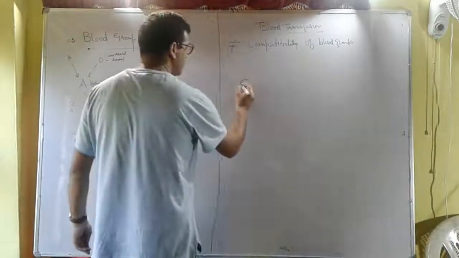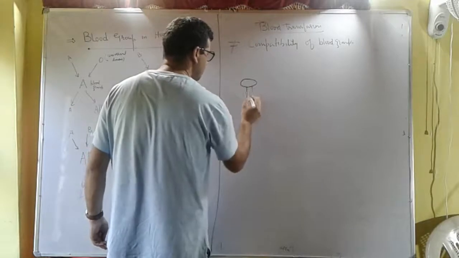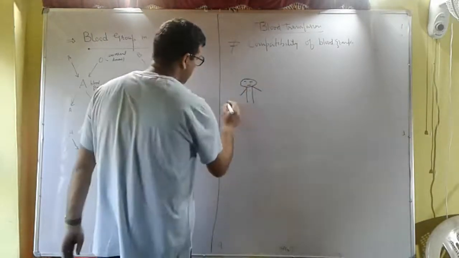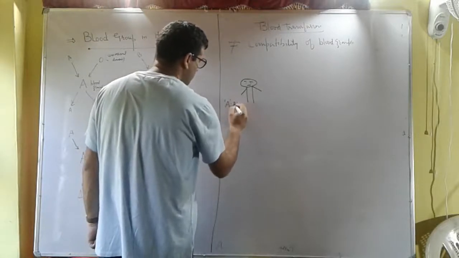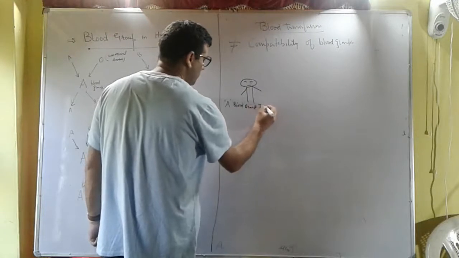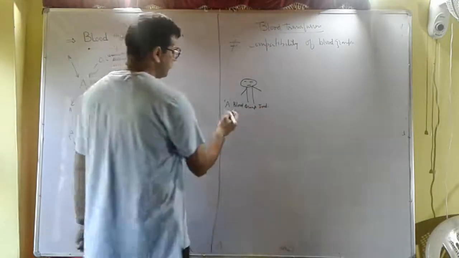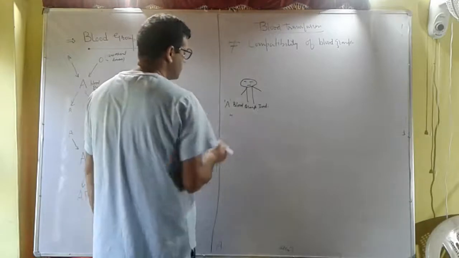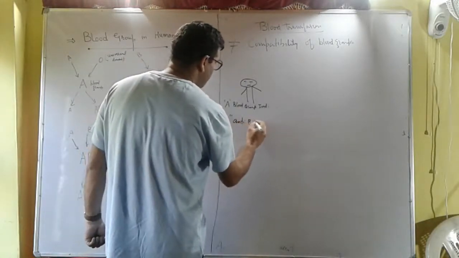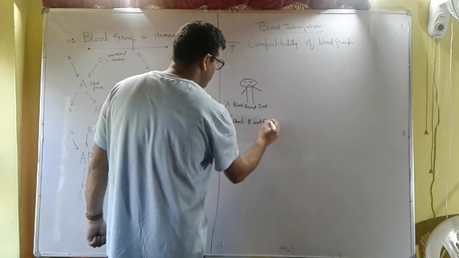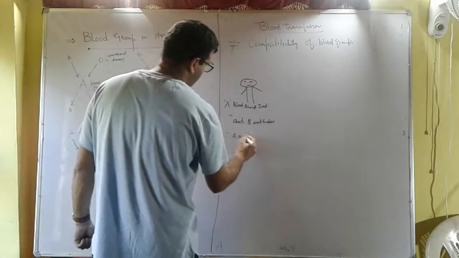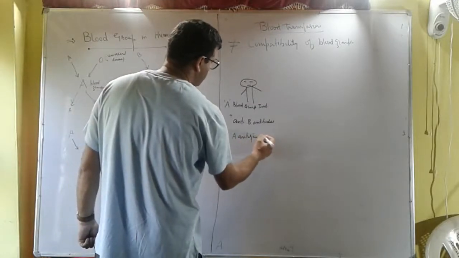For example, suppose we have an A blood group individual. This is an A blood group individual, and obviously it has anti-B antibodies, and it has A antigen on the surface of RBCs.